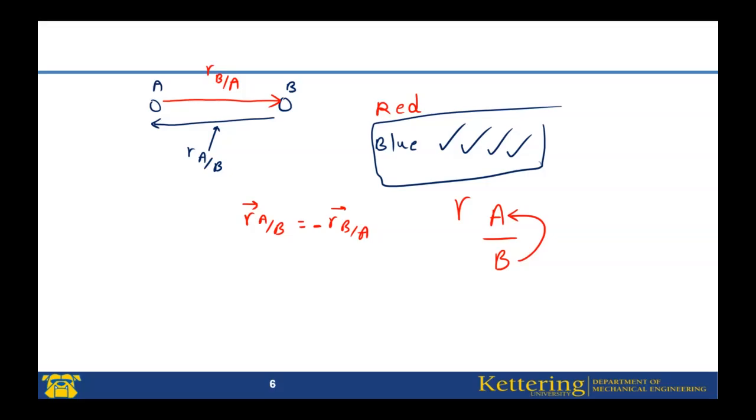All the time, B wants to go to the A position. So you will see that for this blue one, B goes to the A position, or for this one, A wants to go to the B position. That's it. It's a trick.